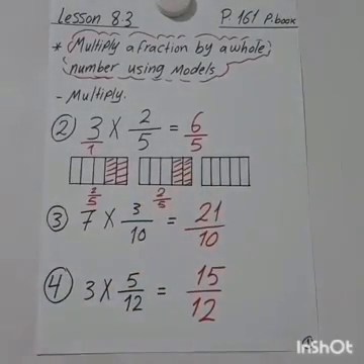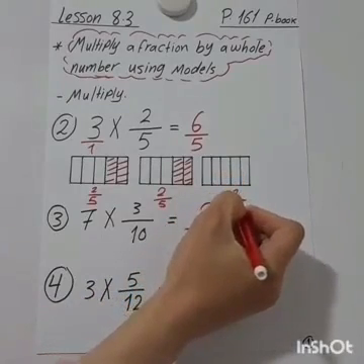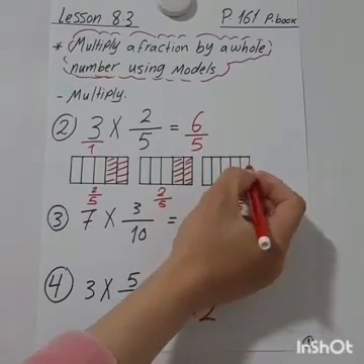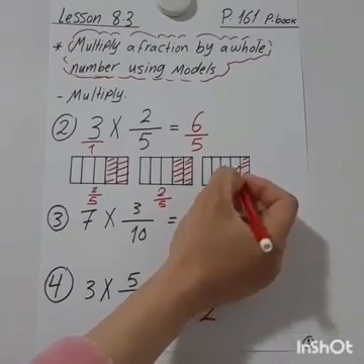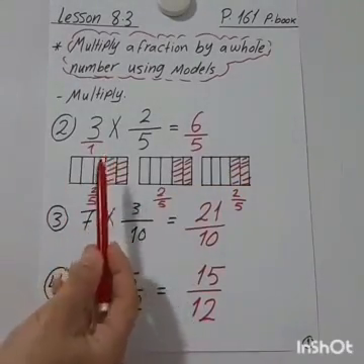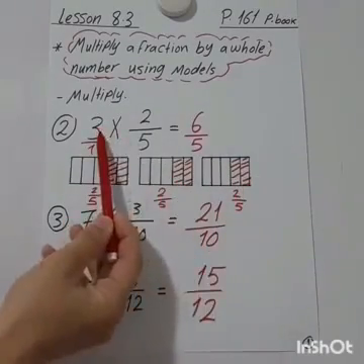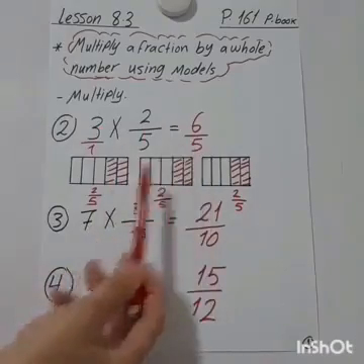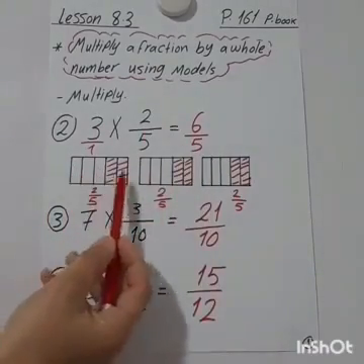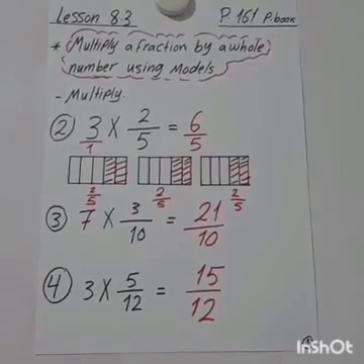We shade 2/5 here, and then we shade 2/5 again. Right now I can count them 1, 2, 3, 4, 5, 6, or 3 times 2 equals 6. And the denominator for all of them is 5. So they are 6/5.